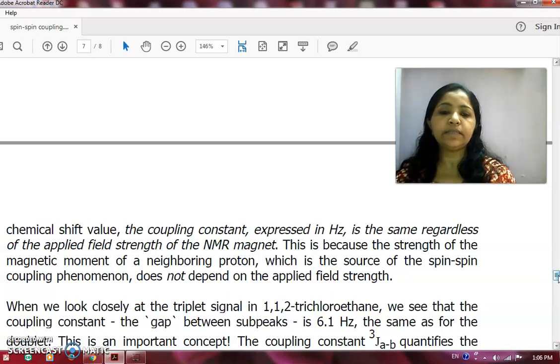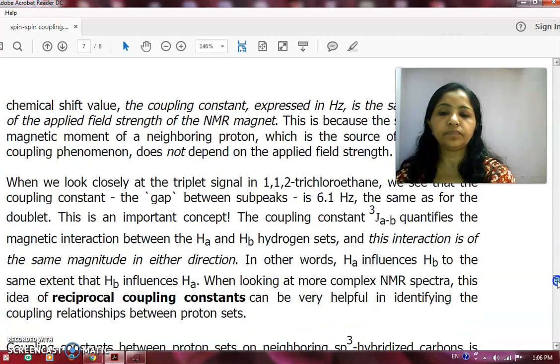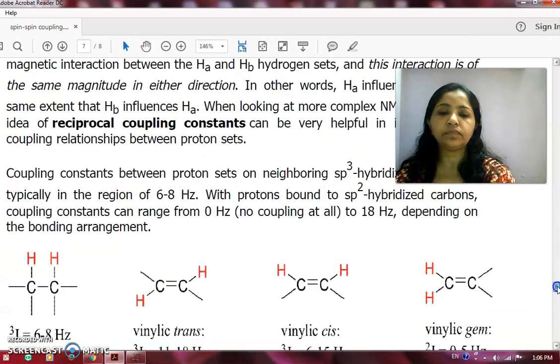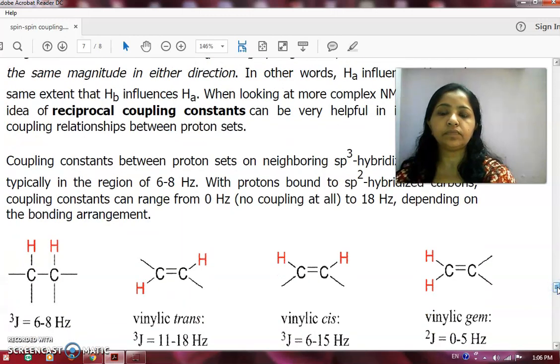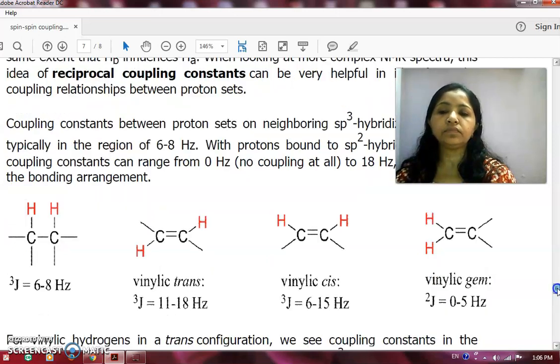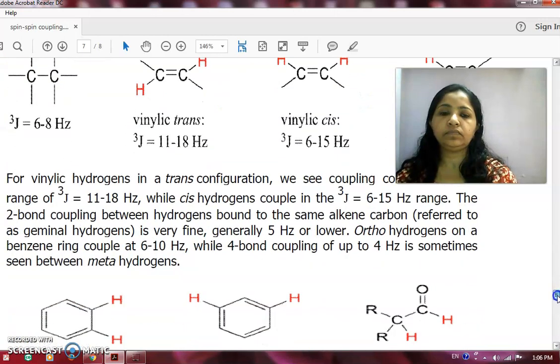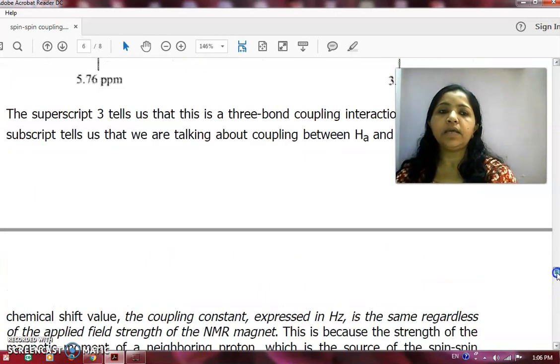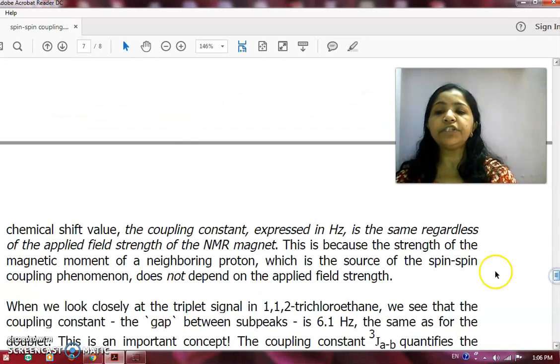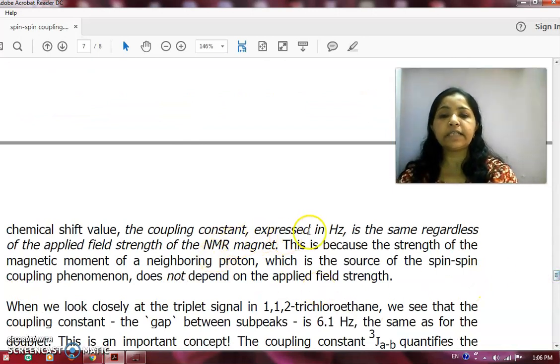So let us see this part. Unlike the chemical shift value, the coupling constant expressed in hertz is the same regardless of the applied field strength.